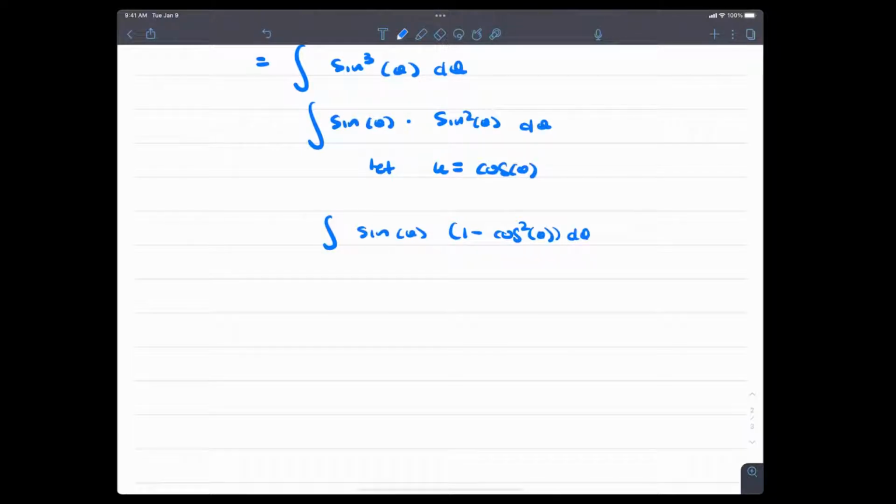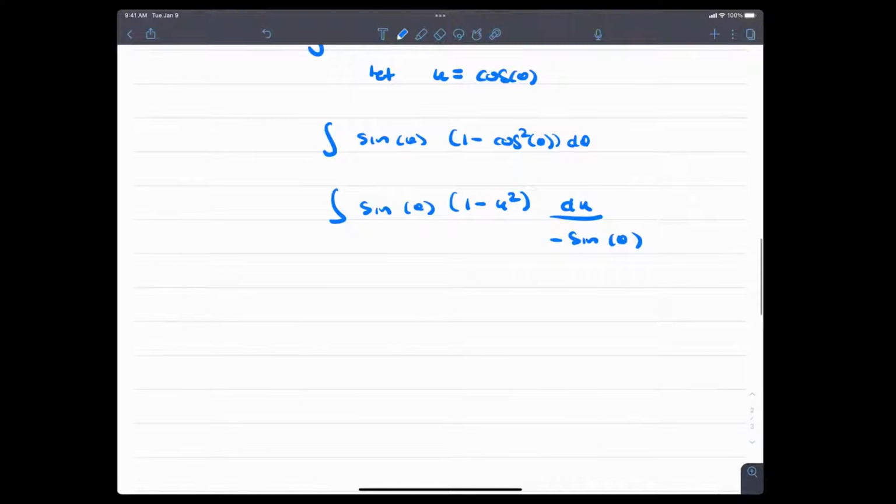So you'll get sine theta times 1 minus u squared. And if u was cosine theta, you guys remember what the derivative of cosine is? Minus sine. So it's going to be du over that minus sign here. So this is really the integral of u squared minus 1, ultimately, du.